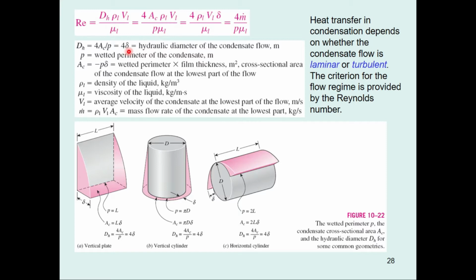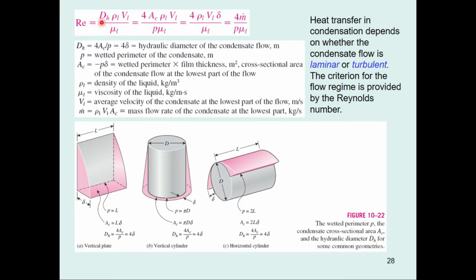Here we have different kinds of geometries, that is the vertical plate, the vertical cylinder and the horizontal cylinder. In each geometry there will be a different perimeter and a different surface area. So ultimately for different geometries we can put the values over here and calculate the Reynolds number.